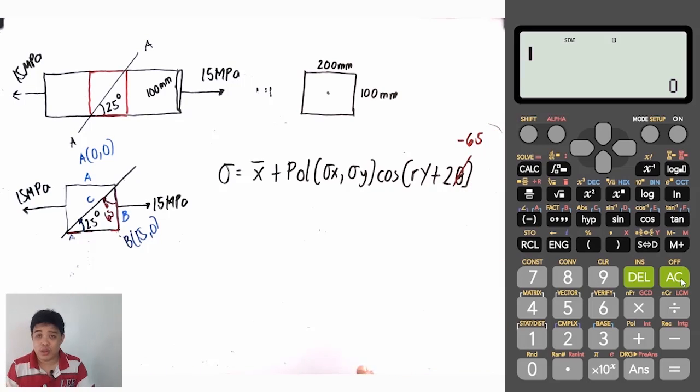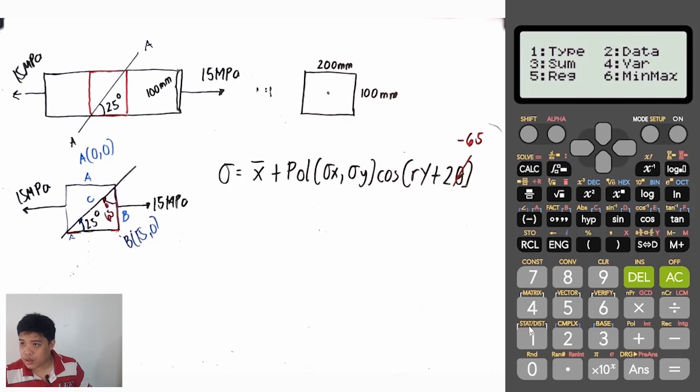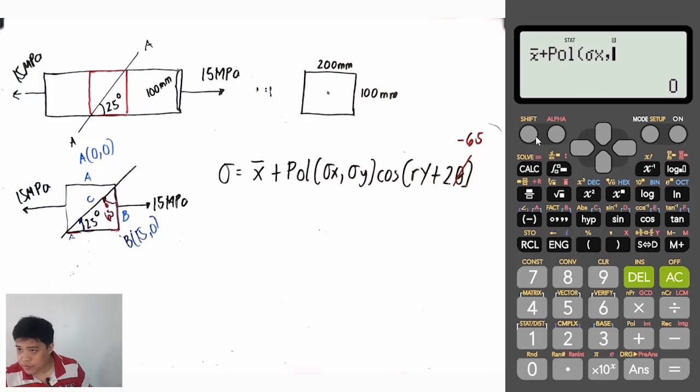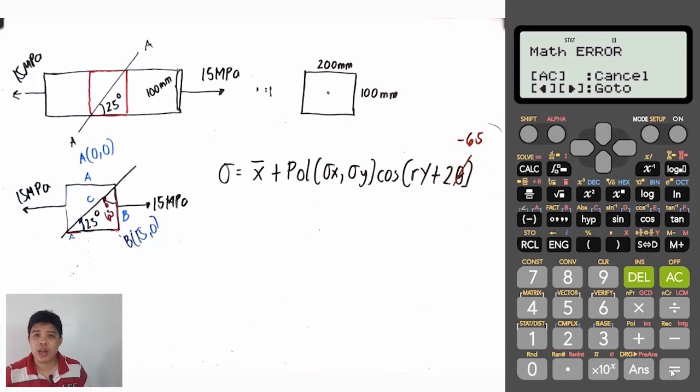So, let us try to use our calculator here. Okay, so, shift, stat, 130. And look what happened. Your calculator says mathematical error.